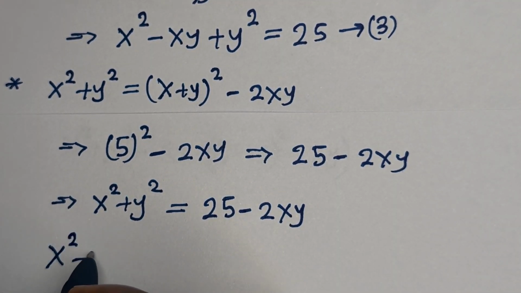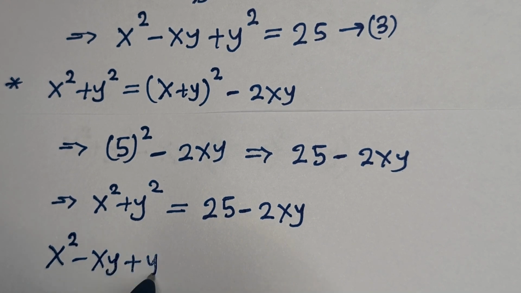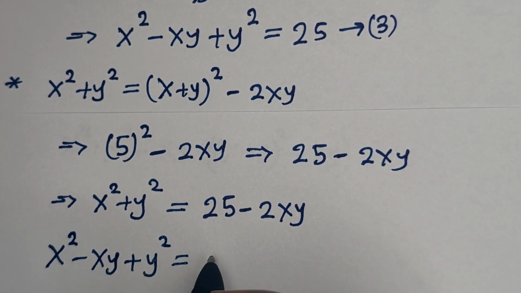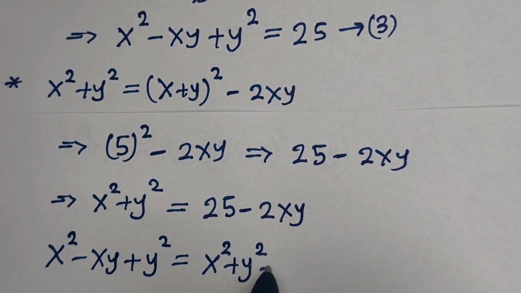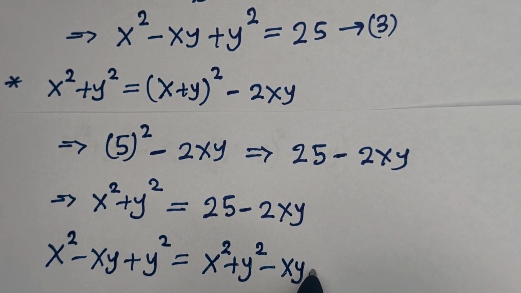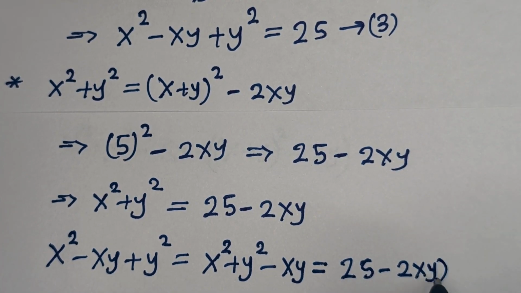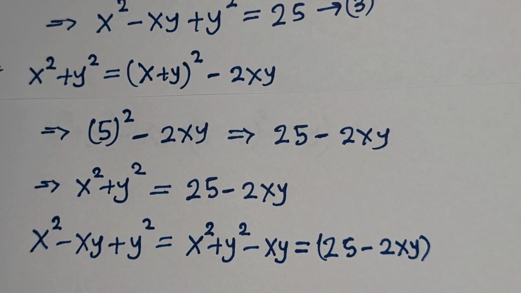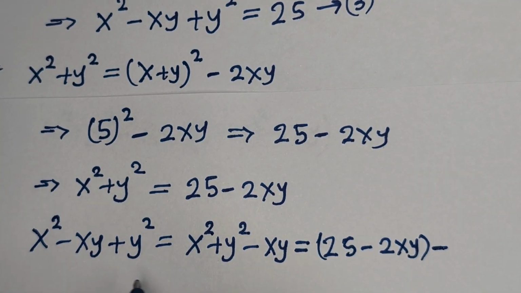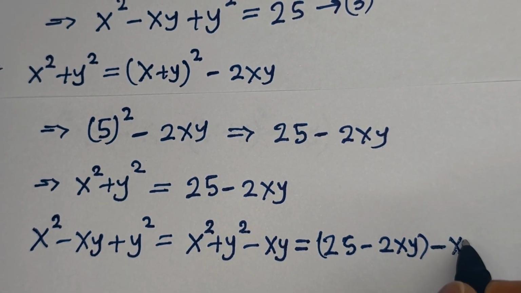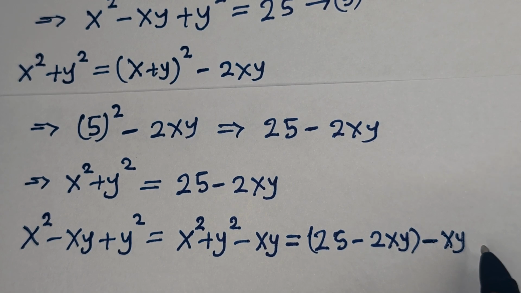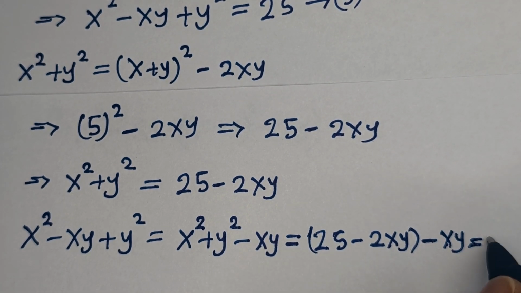And from this equation 3, x square minus xy plus y square is equal to x square plus y square minus xy. This is equal to 25 minus 2xy, then minus this xy, is equal to 25.